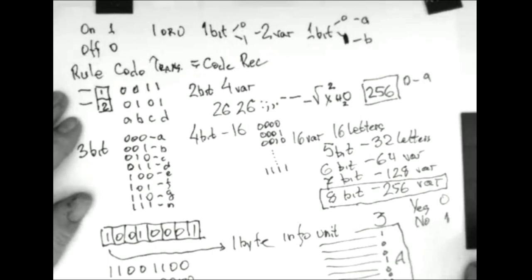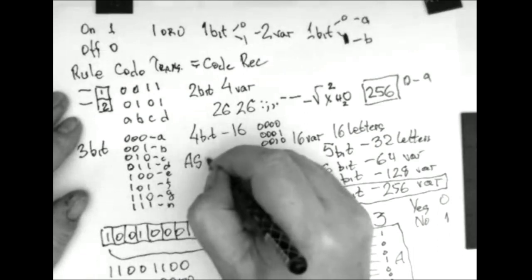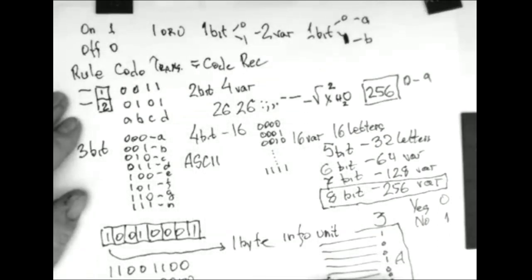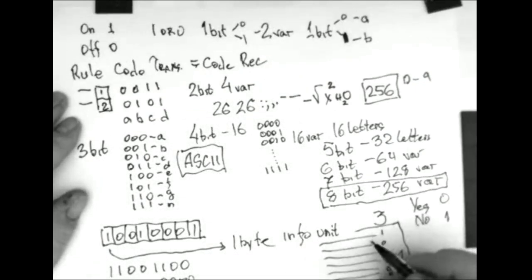So what did American engineers consider? They said we need to have the transmission code table and the reception code table the same. How to do this? They made an American standard. They call it ASCII. It is read as ASCII.